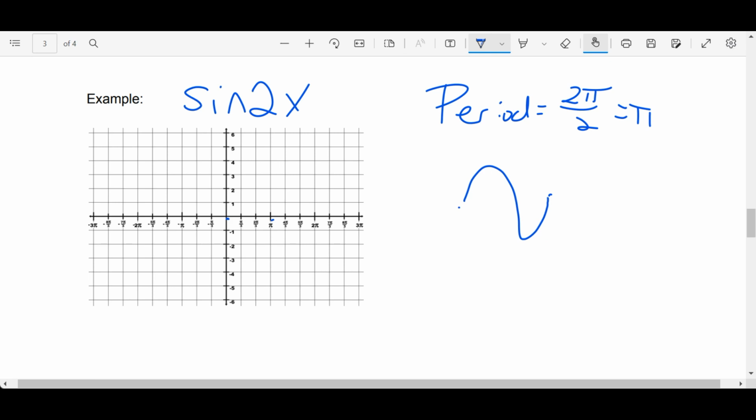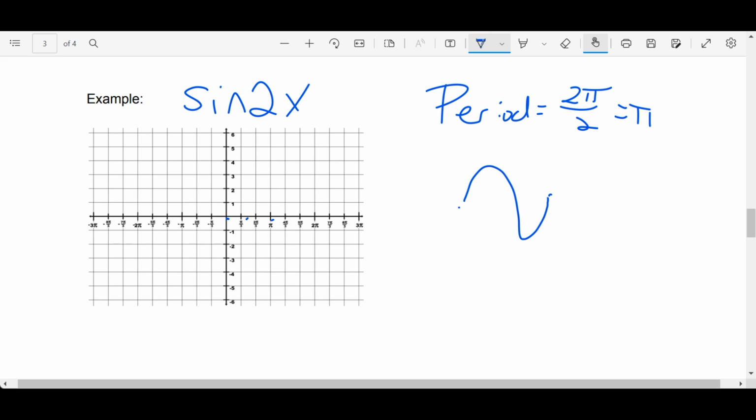How I like to think of graphing these when they're this simple is all the original inputs divide by 2. Originally we had pi as another 0, but if we do pi divided by 2, now pi over 2 is going to be our 0. Also, we got an output of 1 at pi over 2 originally.